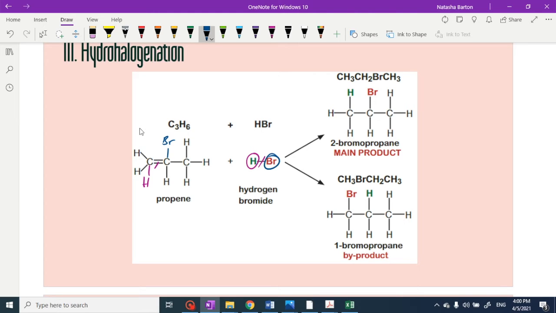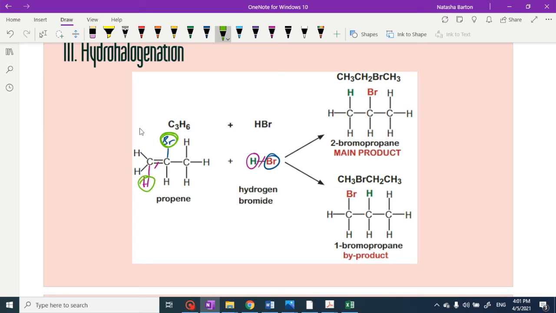But something that's very important with this reaction is that, okay, now this is very important. Our hydrogen could attach to the first carbon, or it could attach to the second carbon. Our bromine could attach to the first carbon or to the second carbon. And this is how you are going to know which carbon it attaches to.